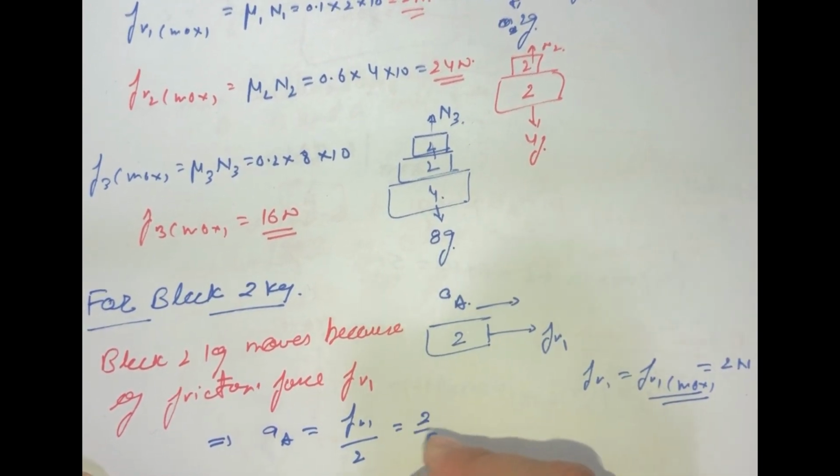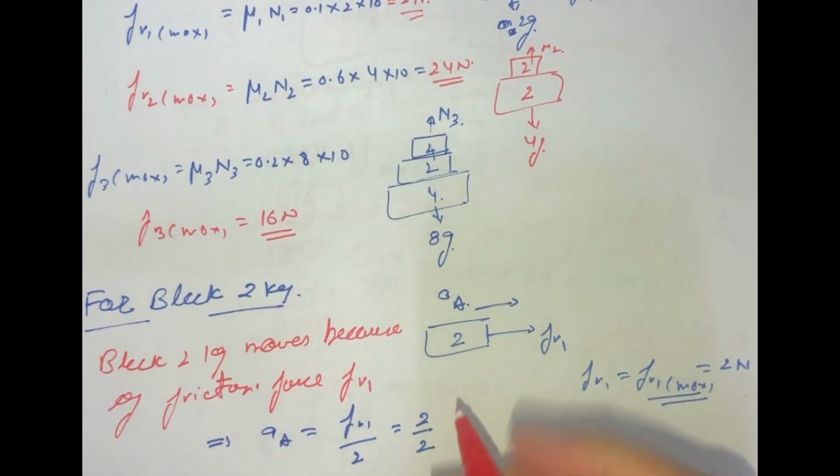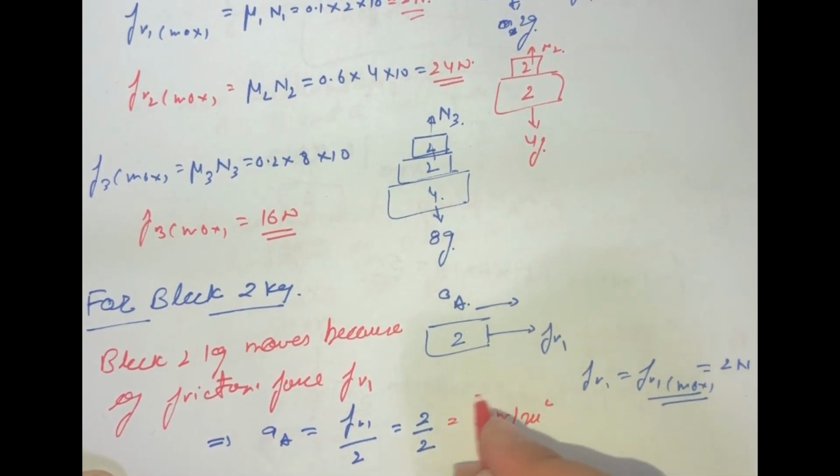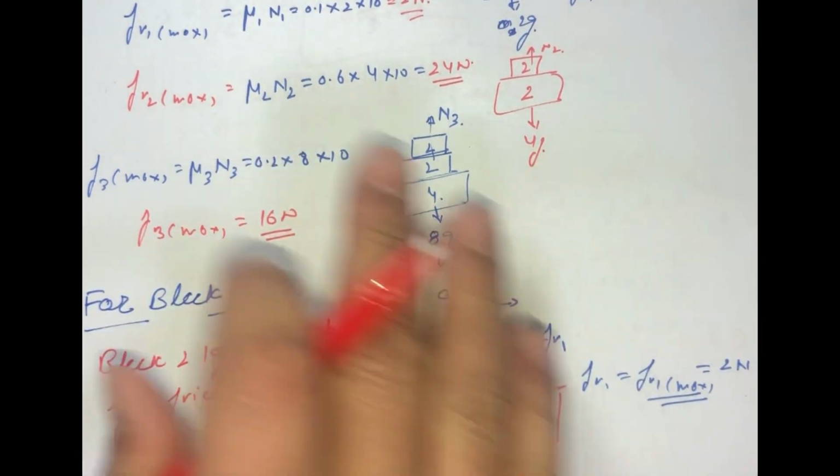So this will be 2 upon 2, and we are going to get 1 meter per second square. This is the acceleration of block A.